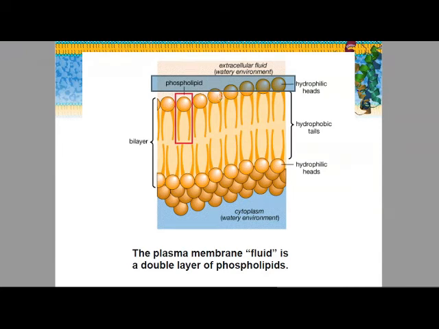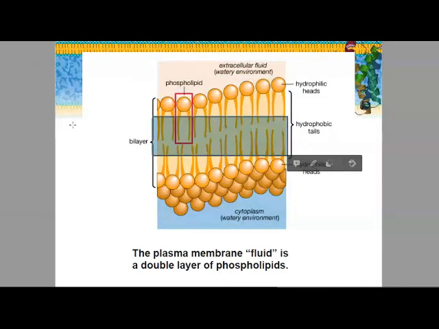So hydrophilic is exposed to either inside or outside the cell, and this mid portion of the plasma membrane, the phospholipid bilayer, is the hydrophobic portion, where the fatty acid tails, hydrophobic ones, are facing in opposite directions.